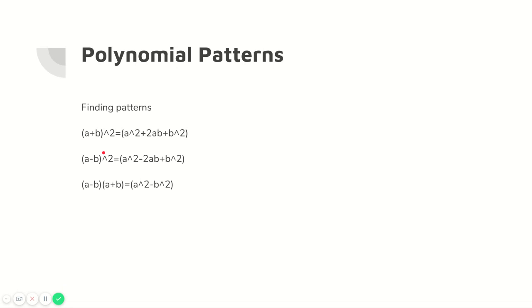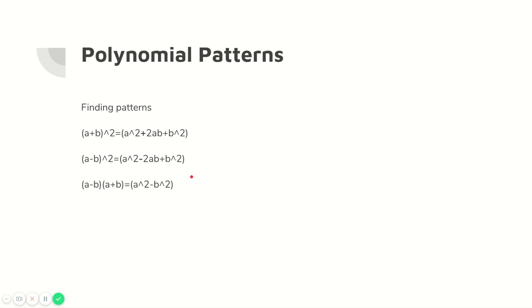And if you get a minus b squared, it's the exact same, except you have to remember that instead of a plus for 2ab, you get a minus 2ab. And lastly, we're going to be talking about a minus b times a plus b.